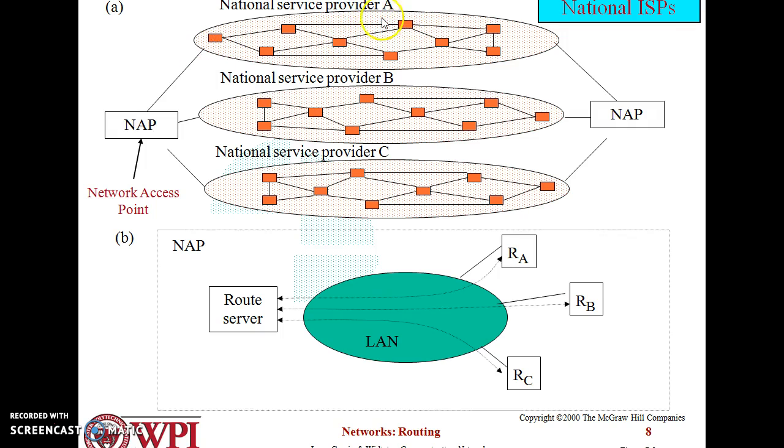This is network service provider A, network service provider B, and network service provider C. This is the network access point at both the client and the server. Second, what is a network access point? The router server communicates with RA, RB, RC through the LAN.